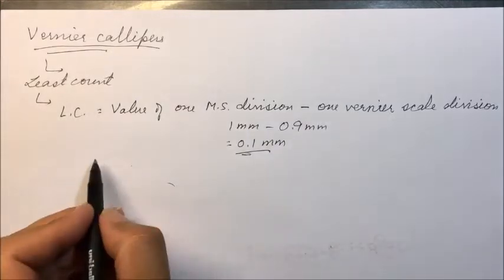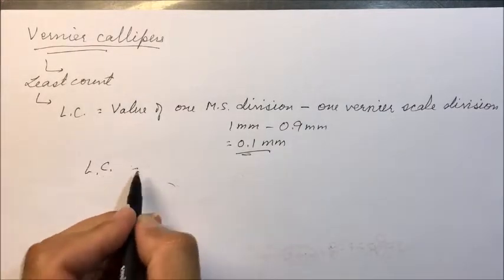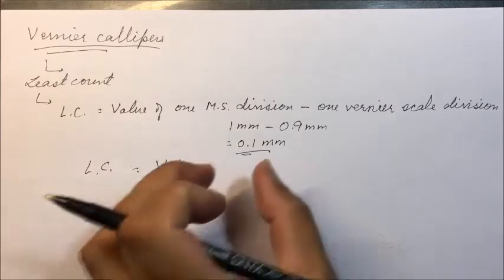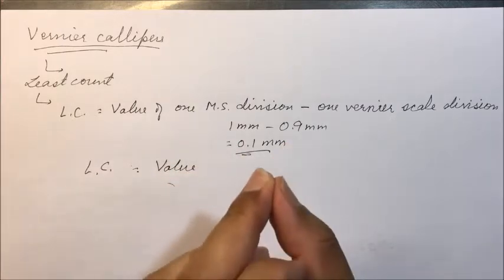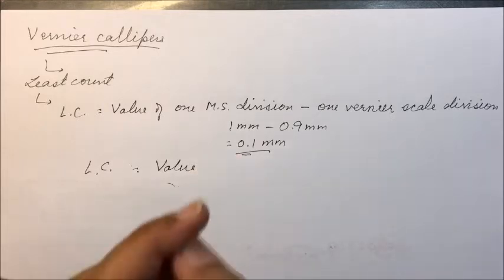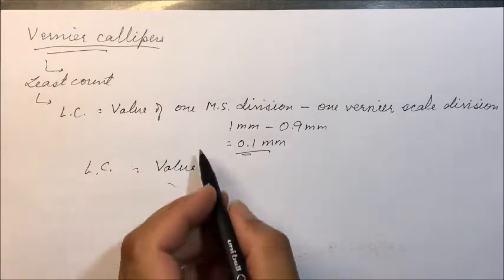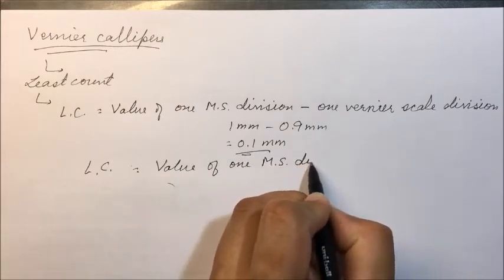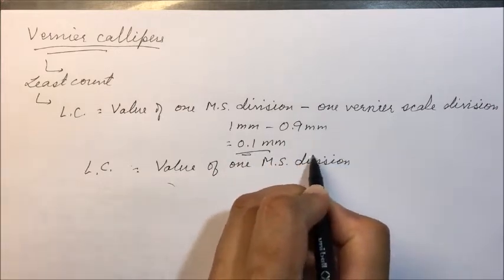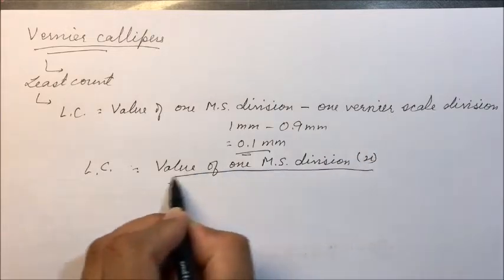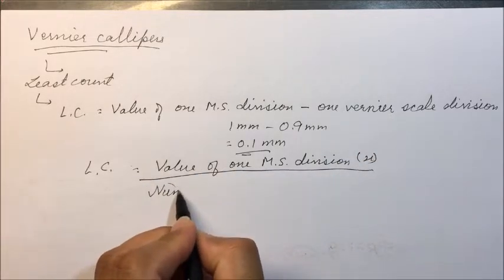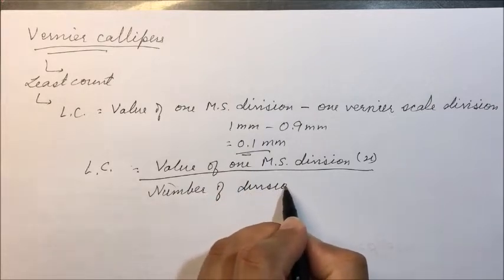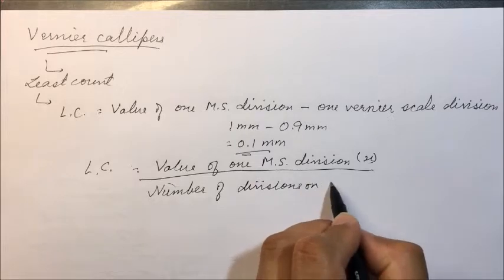And least count is also defined as the value of one main scale division divided by the number of divisions on vernier. What we have done is, the main scale 1 mm, we have divided it into 10 equal parts. So the least count is x divided by n, where x is the value of one main scale division and n is the number of divisions on vernier.